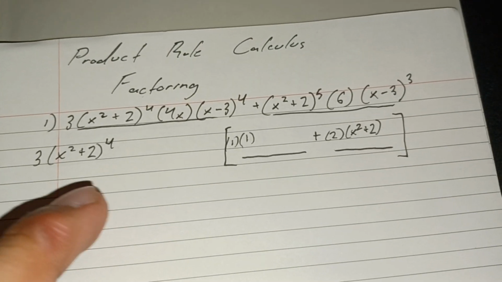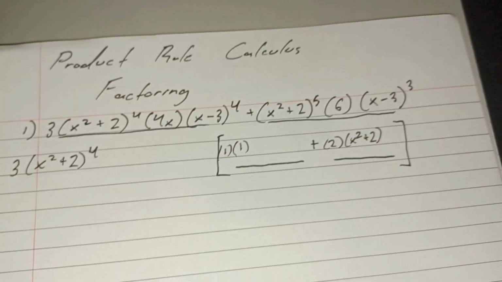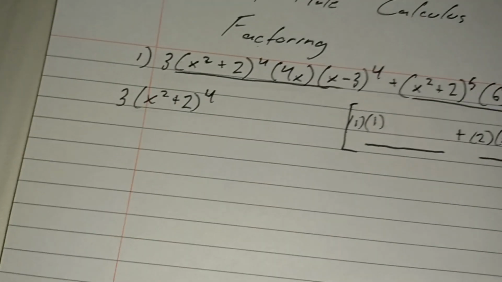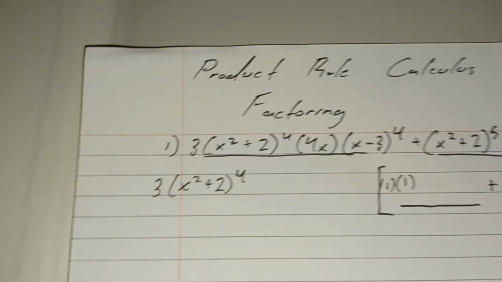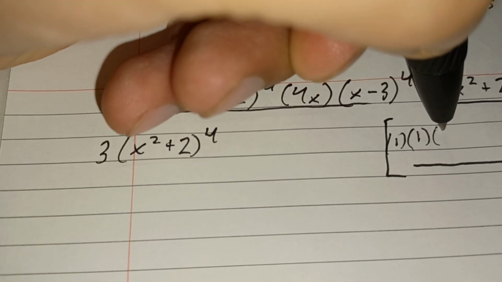Because (x squared plus 2) to the 4th power times (x squared plus 2) is going to give us (x squared plus 2) to the 5th power. So what else do we have? We have the 4x, but we can't really factor that one out, so we're just going to put it here.